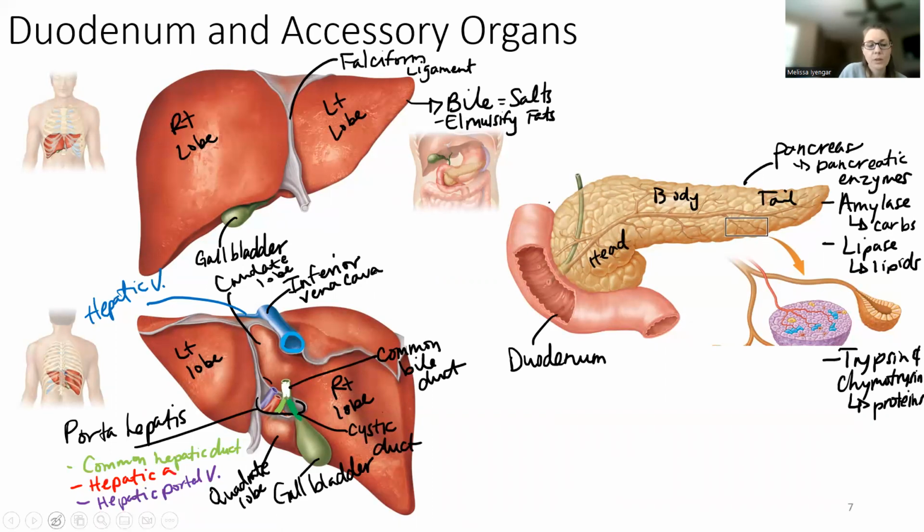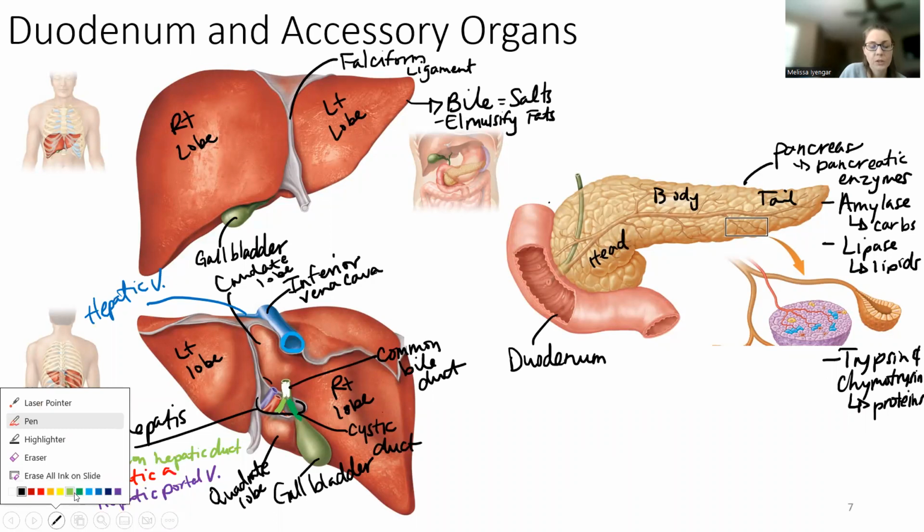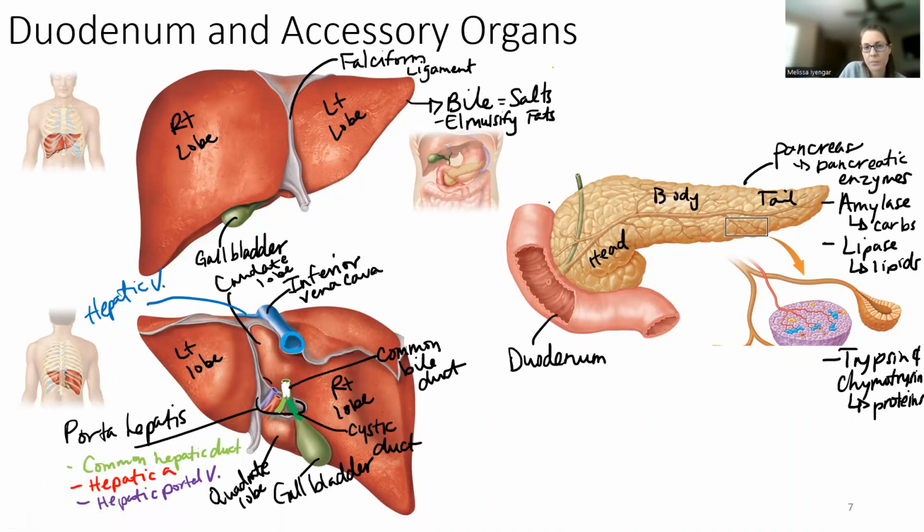Okay, so we're going to see how this works. And I'm going to do this by making my duct system up here. So I'm going to have a duct system coming up from my liver that's going to come down basically like that. And then I'm going to have my other duct come off right here, and that's going to be for my gallbladder.